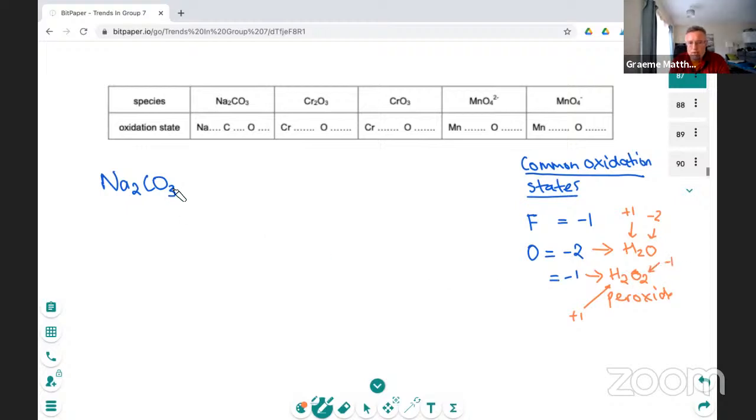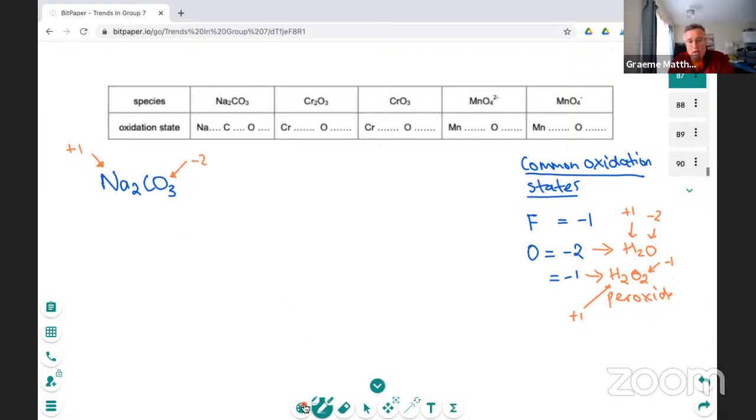So if you come over here, I can say with confidence there is no earthly way I can make this look like a peroxide. It's an oxide, a carbonate, an oxide of carbon. And therefore I can say this is -2. And sodium is in group 1, so it is a +1 charge.